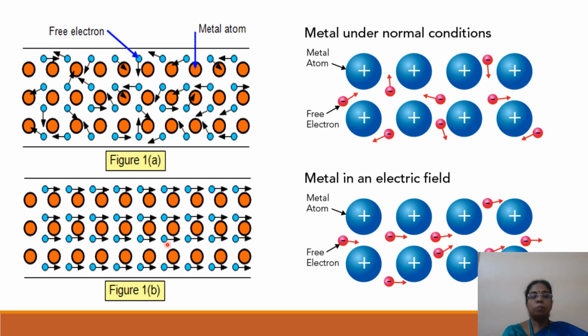Whereas in picture B, this is the electrons' behavior in the presence of an electric field. The electrons are acted upon by a force and are drifted in one particular direction, whereas the metal ions remain fixed in the lattice.